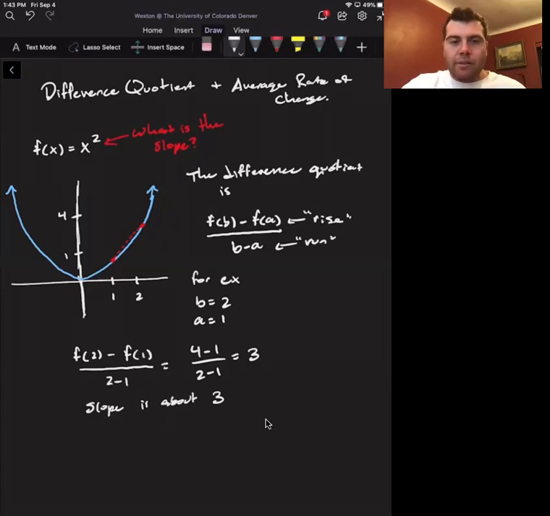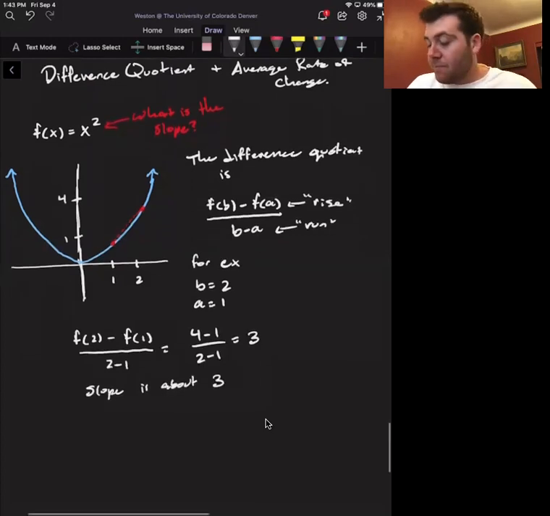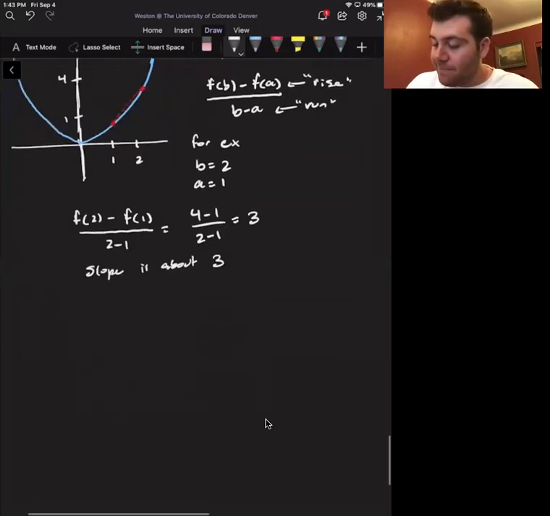It gets very close, and that gives us an idea of what the slope is at 1. In this class, we're just interested in finding approximates for the difference quotient. So finding what the difference quotient is for two separate numbers as a way to estimate what the slope is.